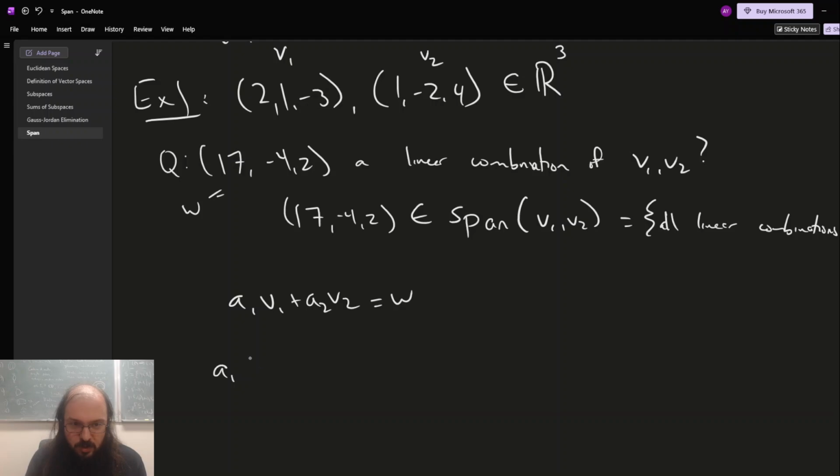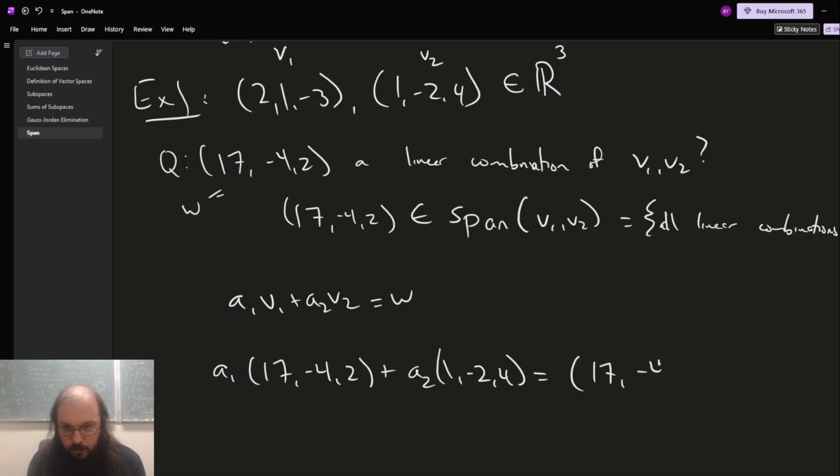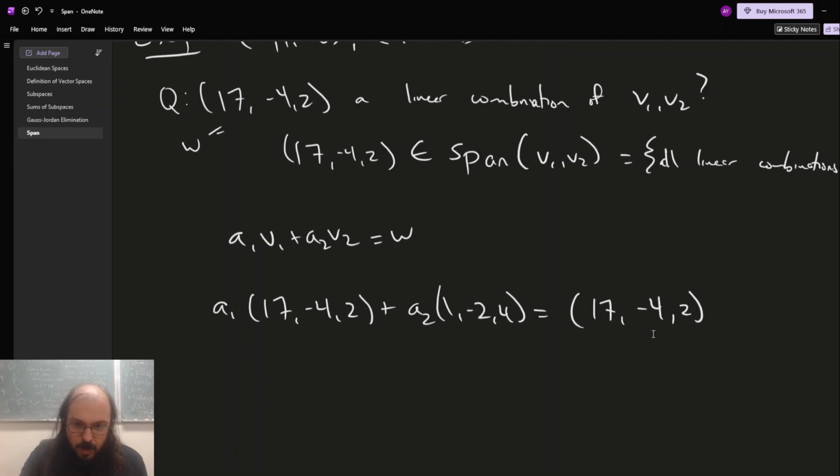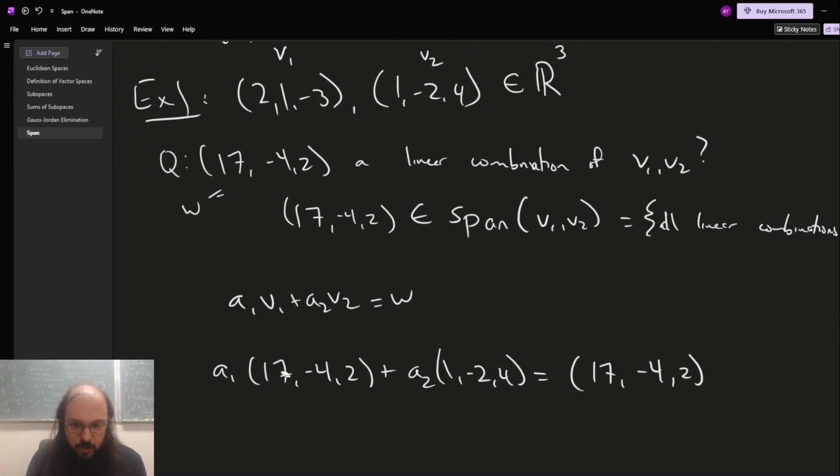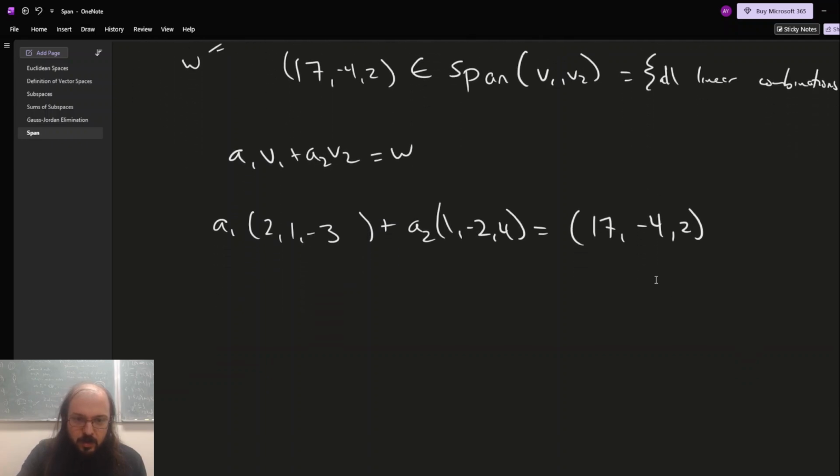The easiest way is to remember that we know how to multiply scalars times vectors. Oh, sorry, I copied down the complete wrong thing. That's totally not right. It should be a1 (2, 1, -3) plus a2 (1, -2, 4). Okay, it's right now.